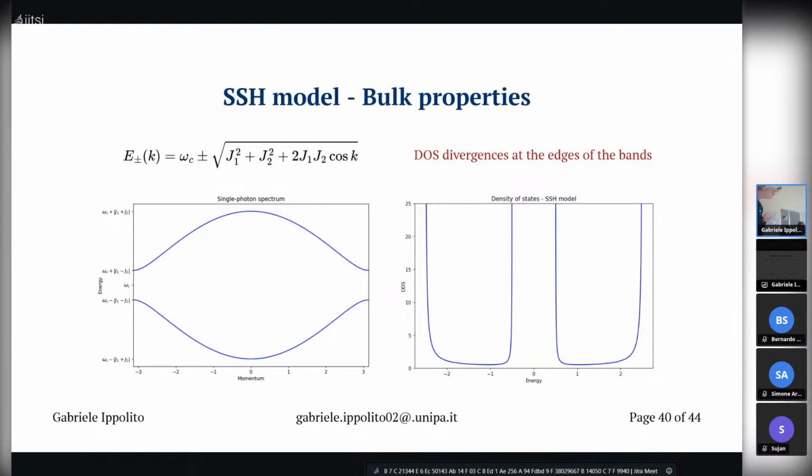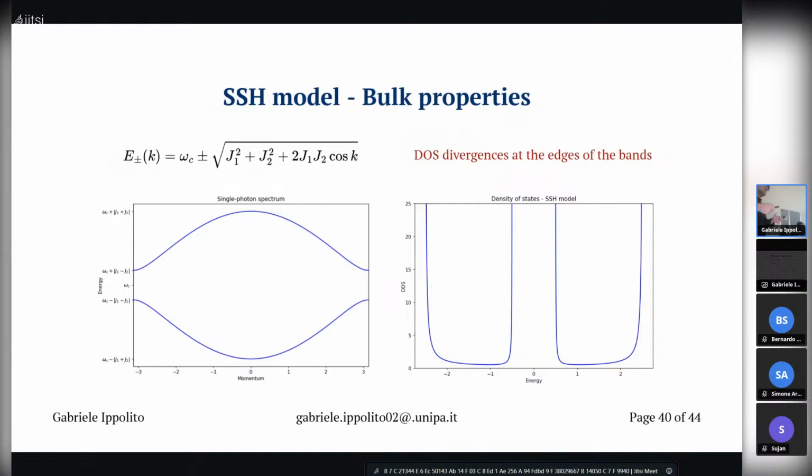And here I plot the corresponding density of states as a function of the energy. And we see that, again, we observe divergences of the density of states only in correspondence of the edges of these two bands, okay? But this is a one-dimensional system, and this is what we expect, divergences of density of states at the edges of the band.